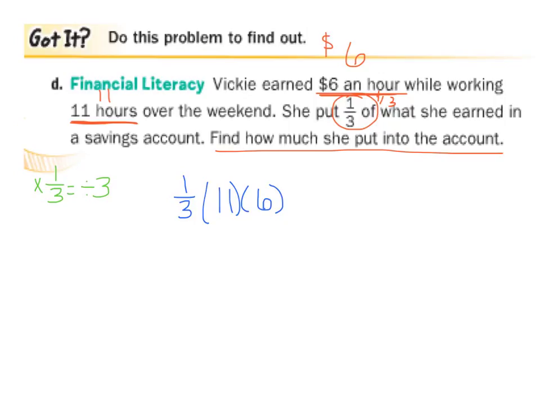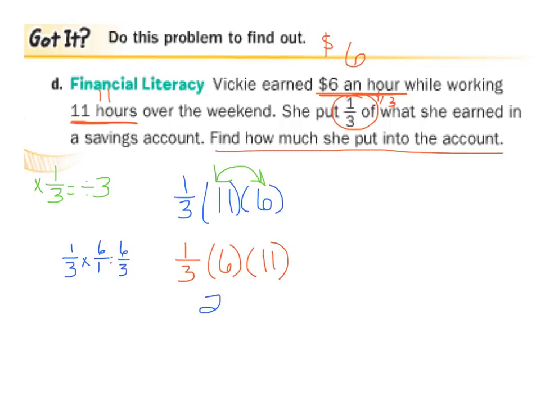So I'm going to go ahead and right away apply my commutative property. And I want to flip-flop these numbers because I know 3 and 6 go together a lot better. So if we rewrite it as 1/3 of 6 times 11, it's a little easier because 1/3 of 6 is the same as dividing by 3.